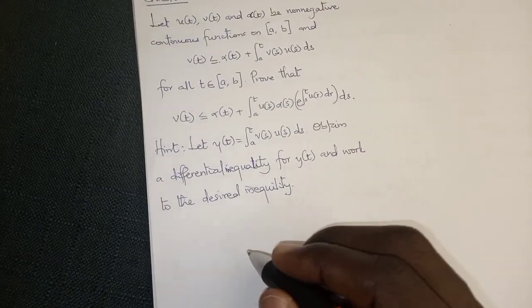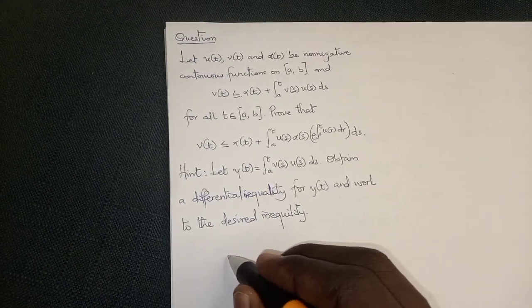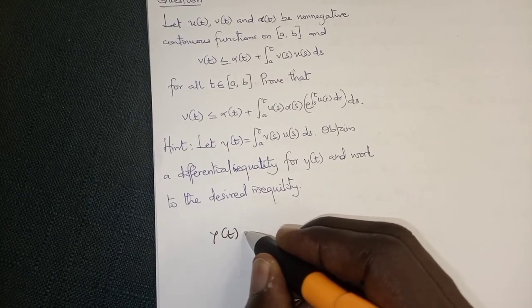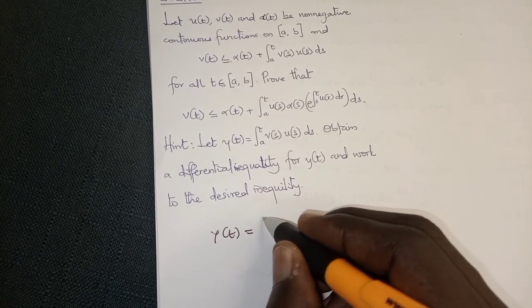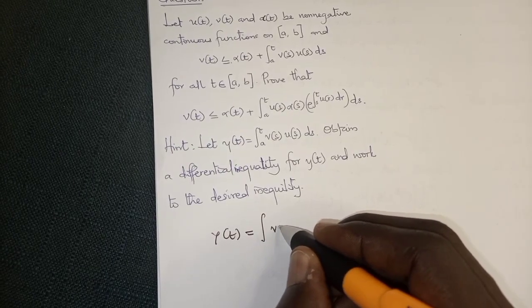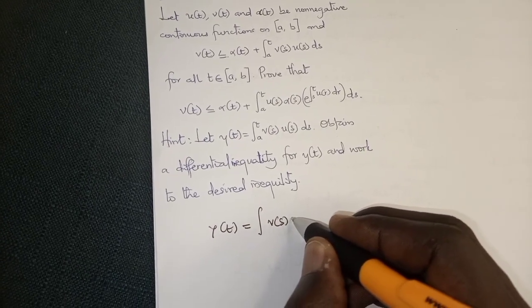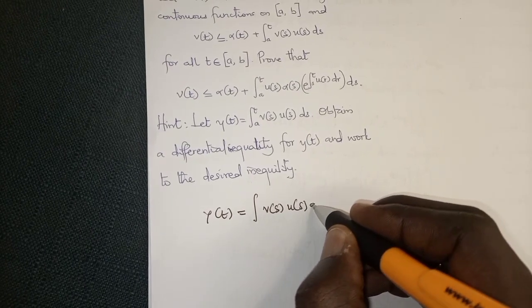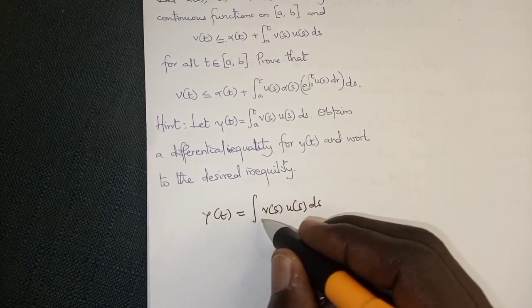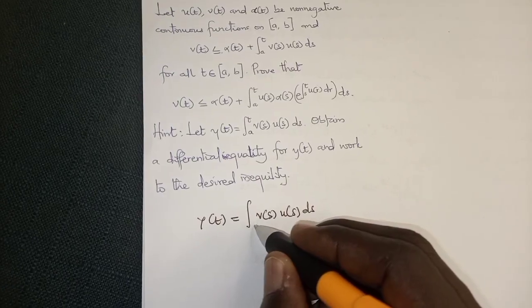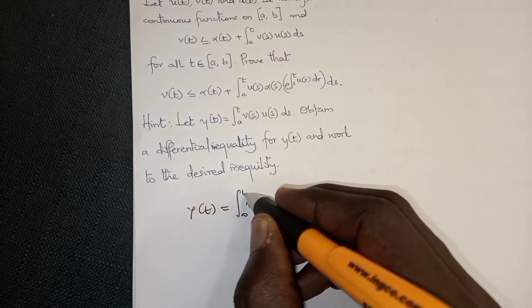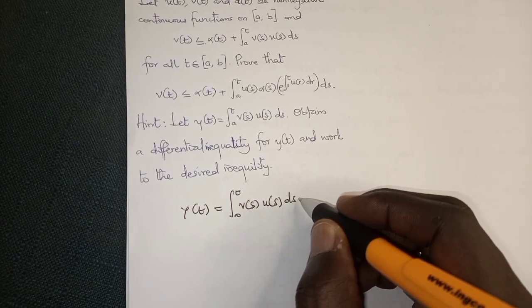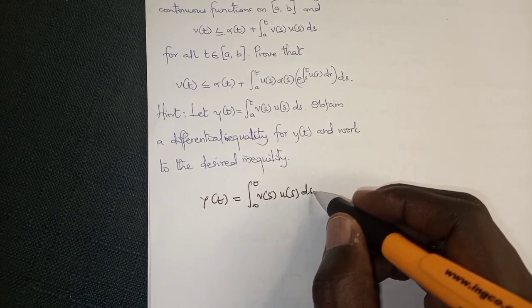So we have y of t equals the integral of v of s, u of s ds from a to t. And now we differentiate this.